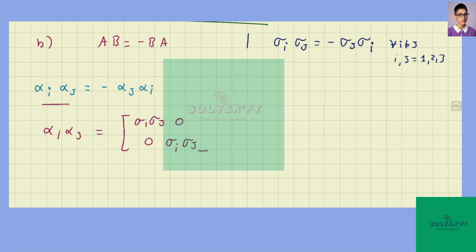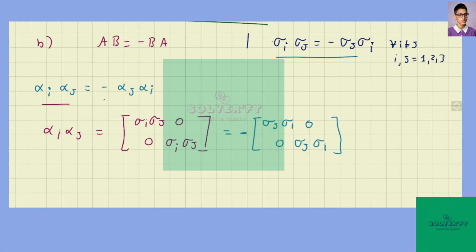And if we use this property of the Pauli matrices, this is going to be equal to the matrix minus sigma j sigma i, 0, 0, minus sigma j sigma i.